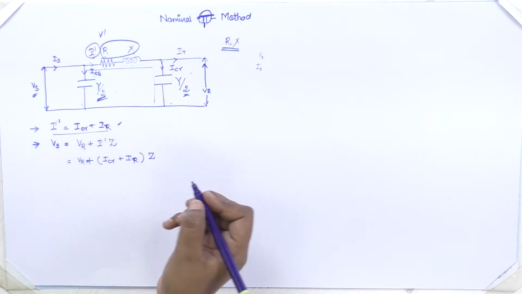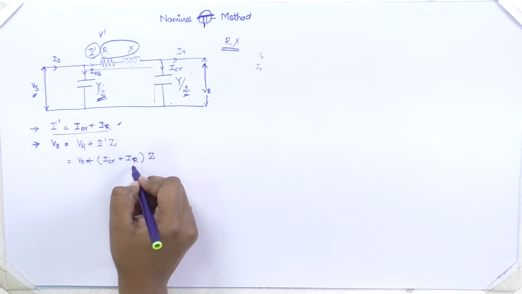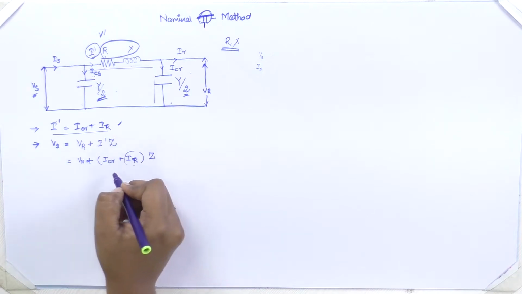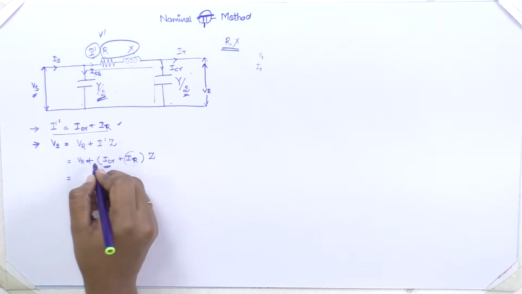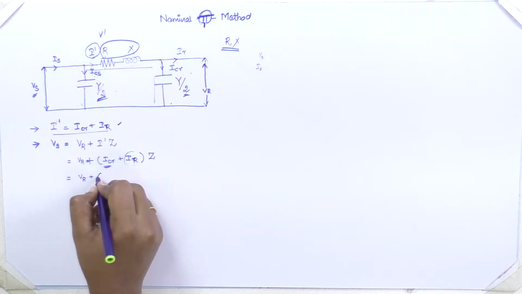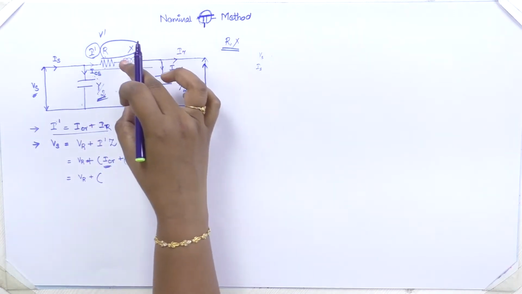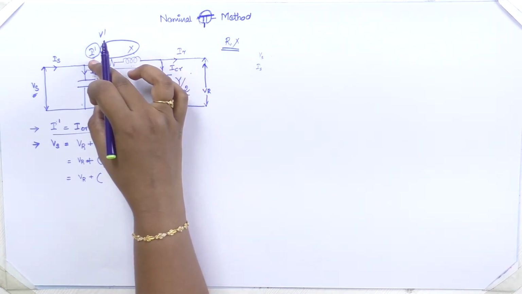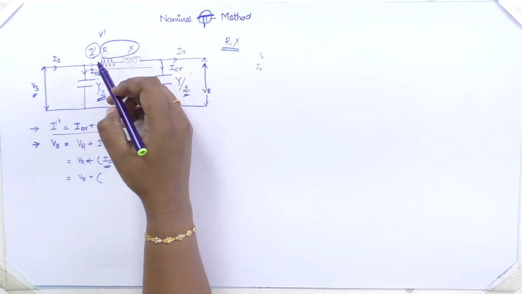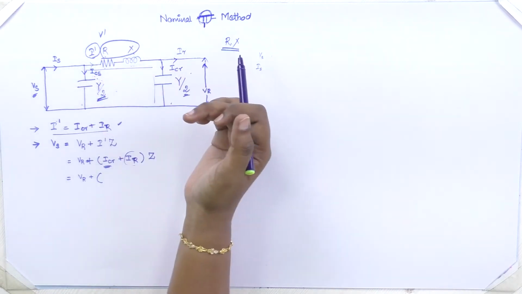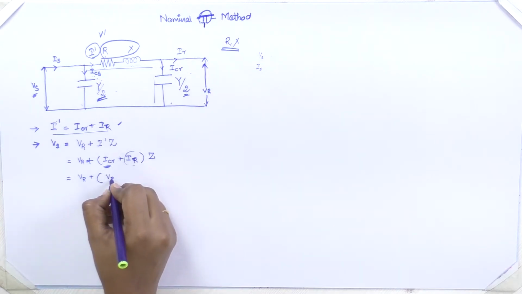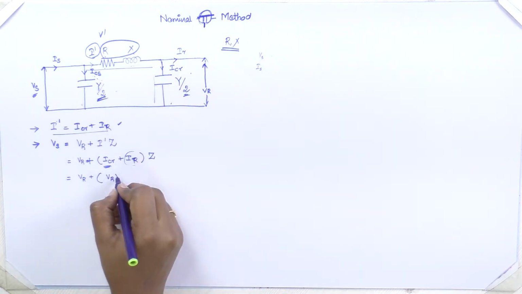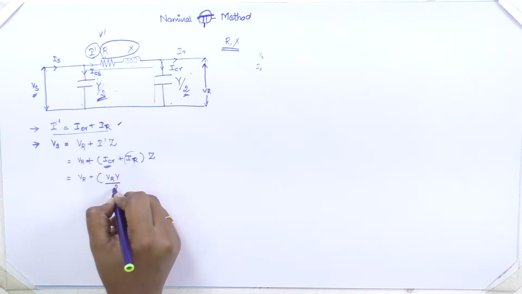So I want my equation considering the parameters VR and IR. So I don't want this ICR. Instead, I want to find out the value of ICR. What is the voltage across this ICR? The voltage across it is VR and the shunt admittance is Y by 2.